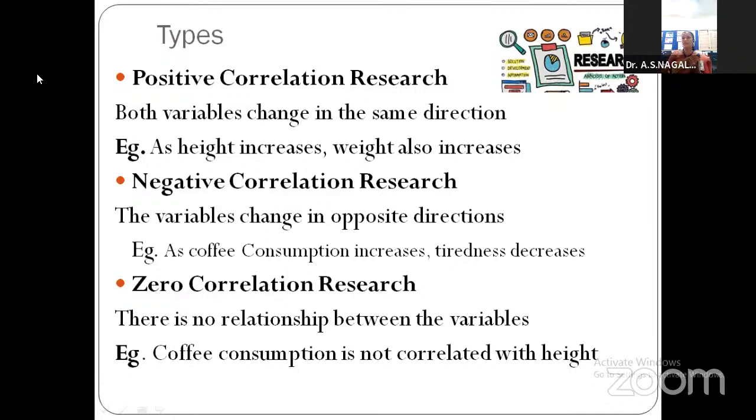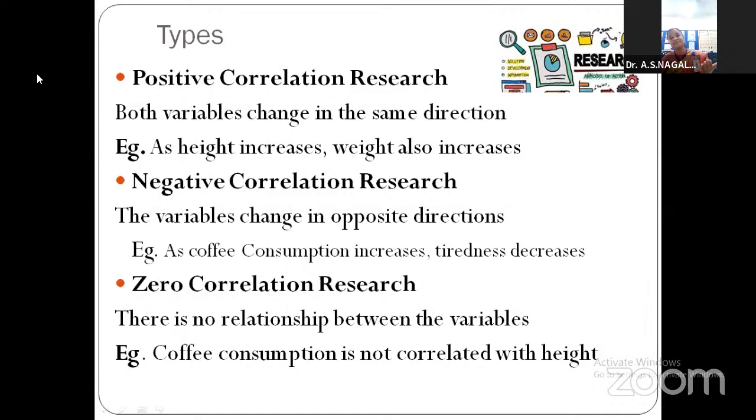So what is negative correlation? When X increases, Y decreases. For example, consumption of coffee will negatively disturb your diet. So here X is increasing, the more coffee you take, the more your diet will be disturbed.